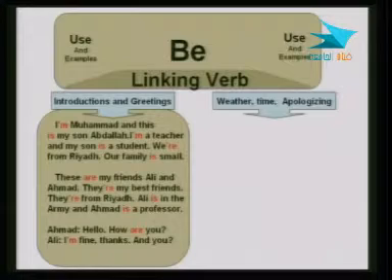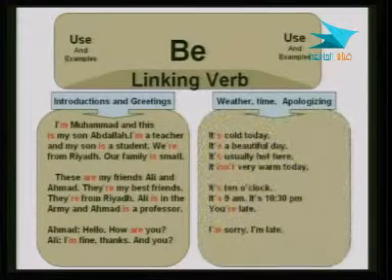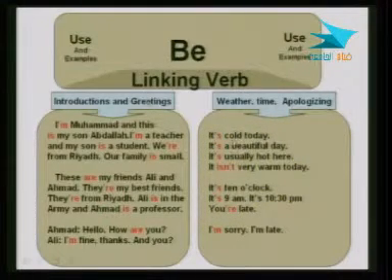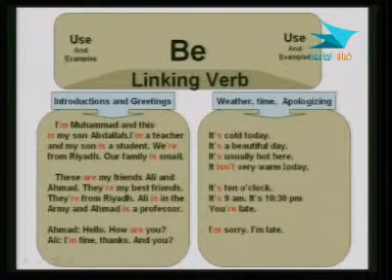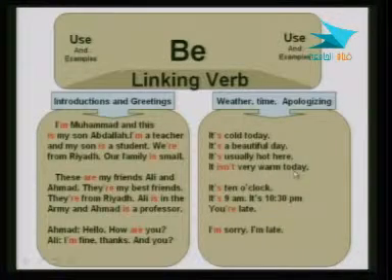We also use the verb be to talk about weather, time, and for apologizing. These are the examples. It's cold today. It's a beautiful day. It's usually hot here. It isn't very warm today. It's 10 o'clock.